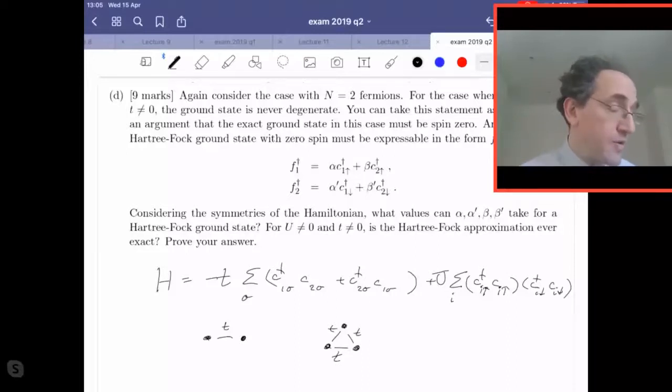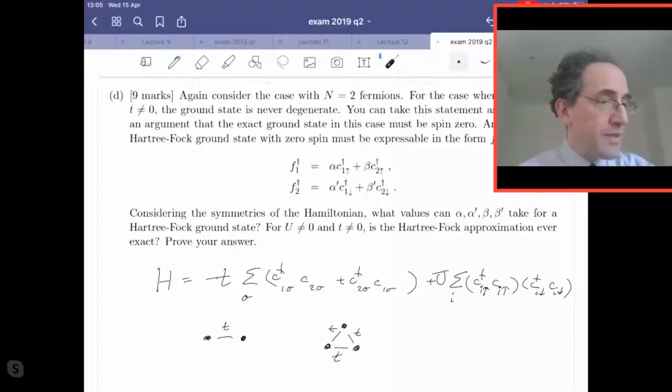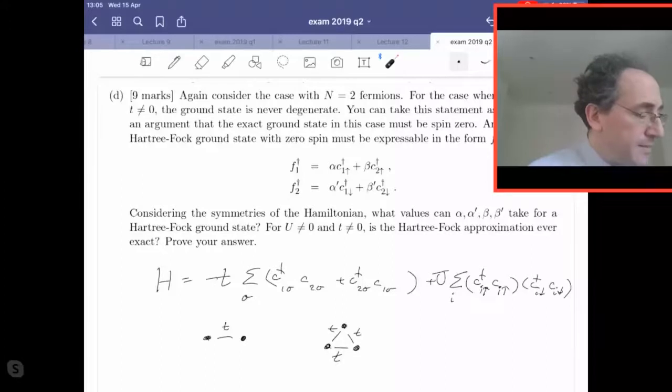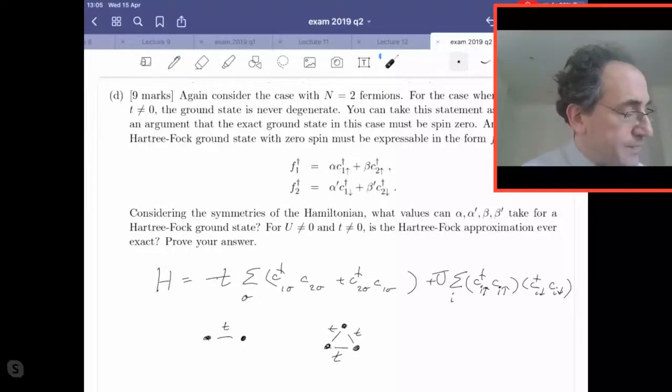I think there's a homework assignment working through this three-site cycle, but I can't actually remember. But this is then obviously translation invariant under lattice translations.